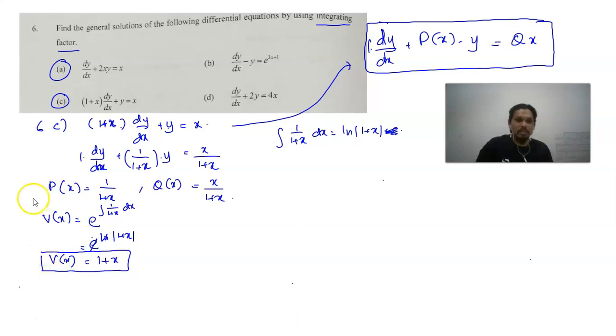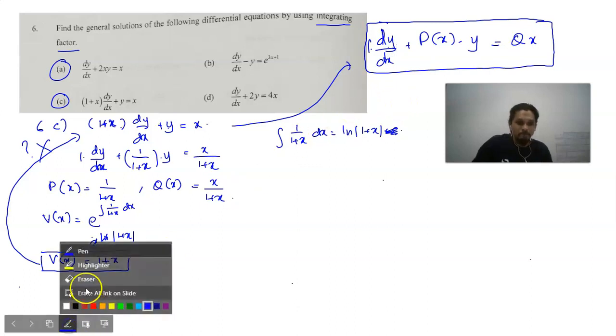This V(x), are we going to multiply with this equation? No, because the equation in the question is not exactly in this form.